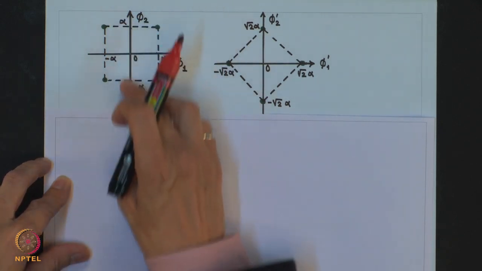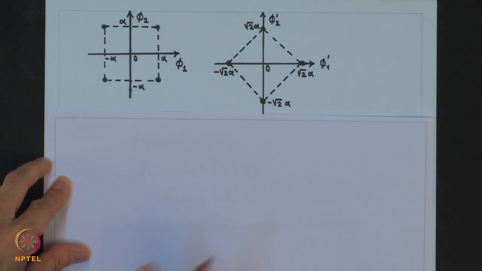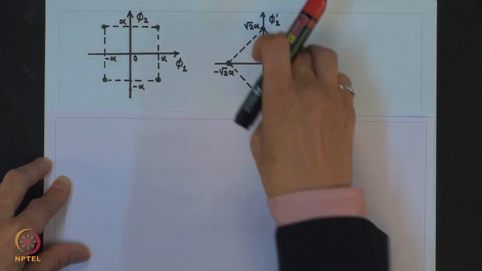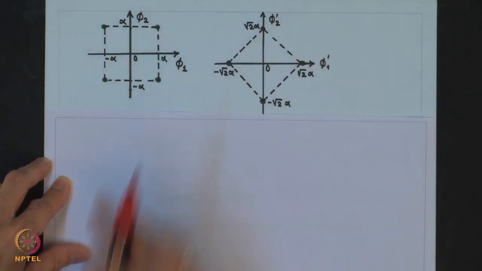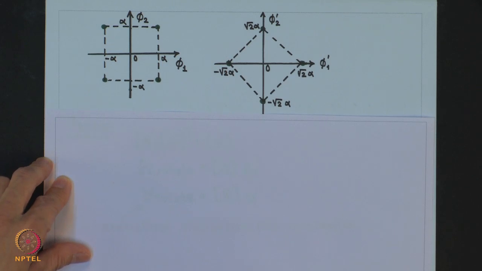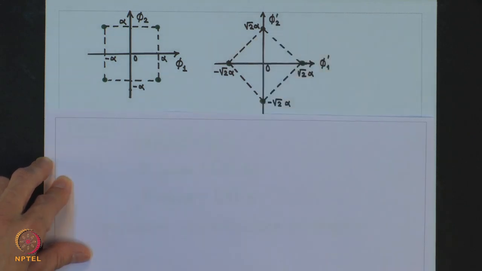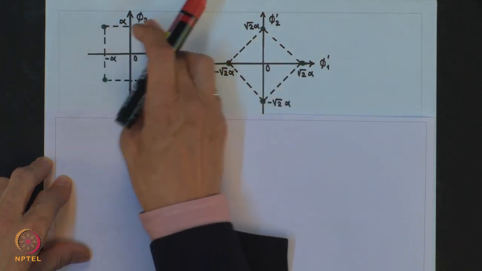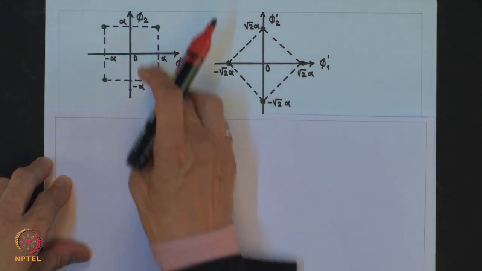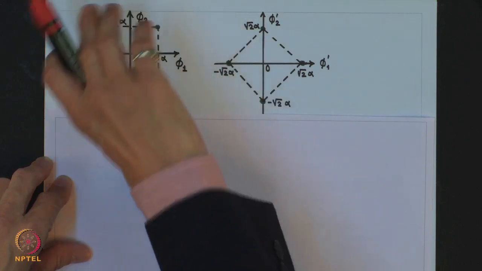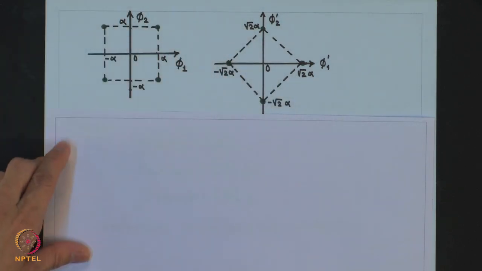Now, if this coordinate axis is rotated, say by 45 degrees, I will get this signal space diagram, and the rotated axes I am just calling phi 1 dash and phi 2 dash. I do not change the relative positions of the signal vectors except for the rotation of the coordinate axis.